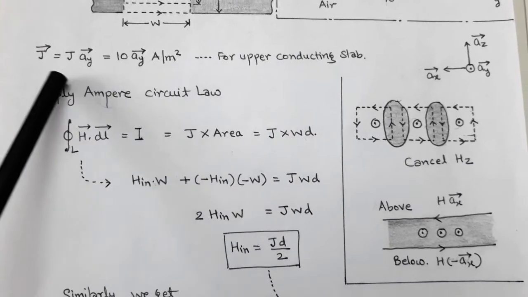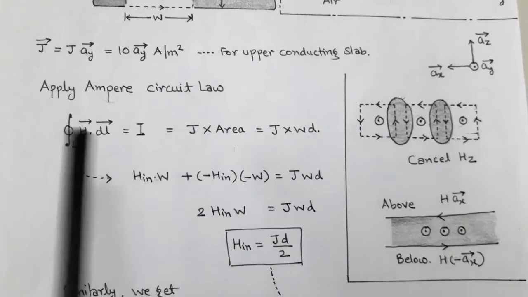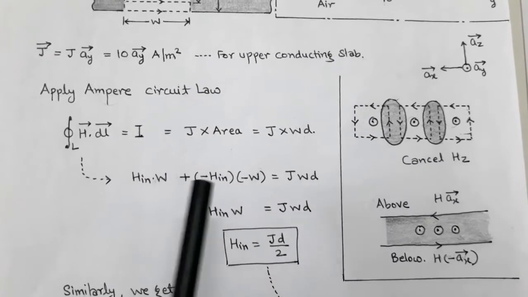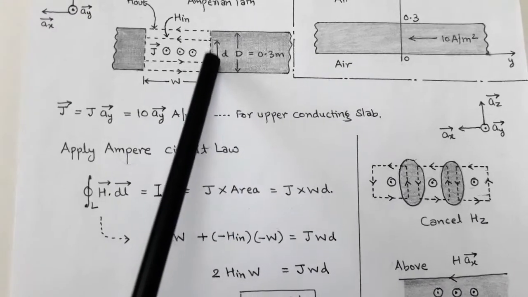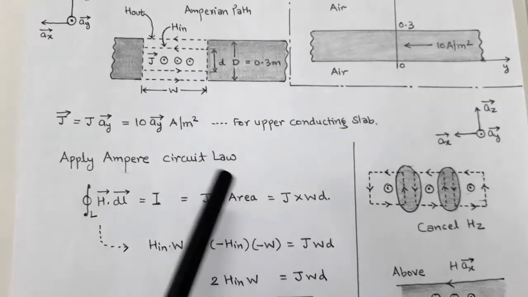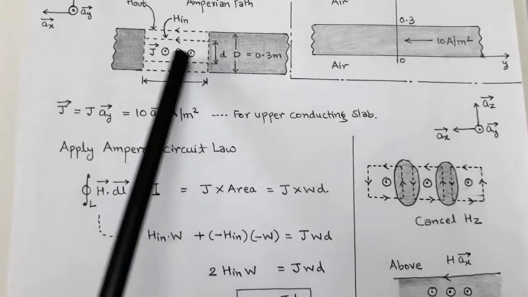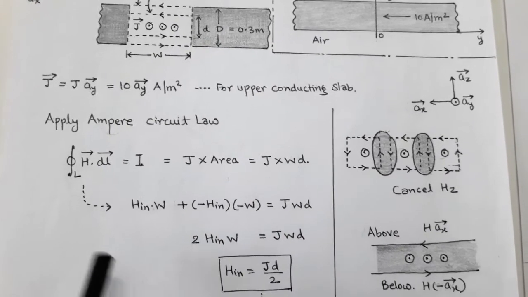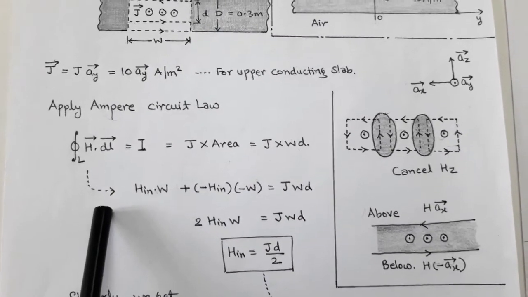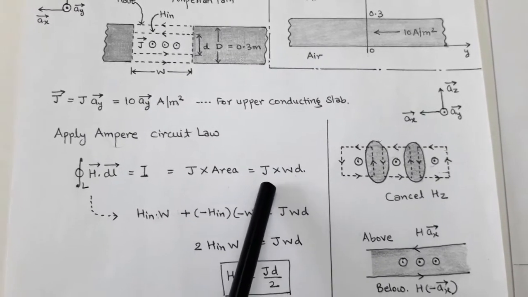So now we can apply Ampere's circuital law. Since the Z component of H is cancelled, we have only the X component of H. First we apply Ampere's circuital law inside the slab, using an Amperian path that corresponds to H suffix IN. We take the closed line integral of H dot dl vector equals the current enclosed, and this current can also be determined with the help of current density, J into area, because the formula of current density is current upon area.